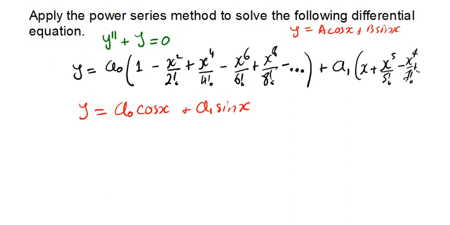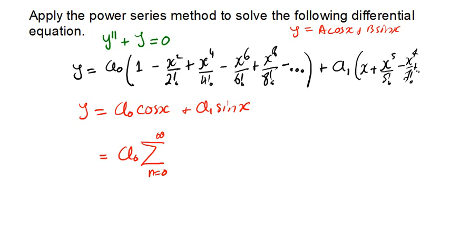Okay, and if you observe how this one is moving, you can write this as a sub n, then you have your infinite sum, you're starting from n equals 0, and then that would be to infinity.